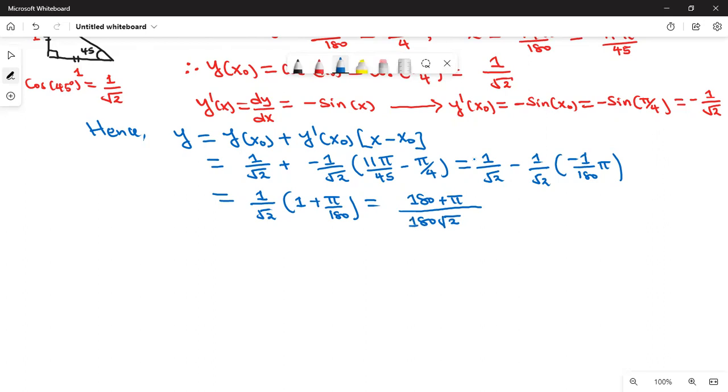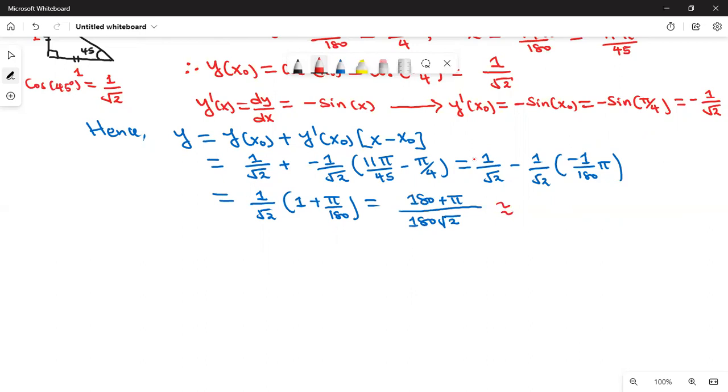That is the approximation for cosine of 44 degrees. Now, this one you can press in the calculator. It's not easy to know the value there. You can write 180 plus shift pi, that is 183.14. Then we are dividing by 180 times root 2.